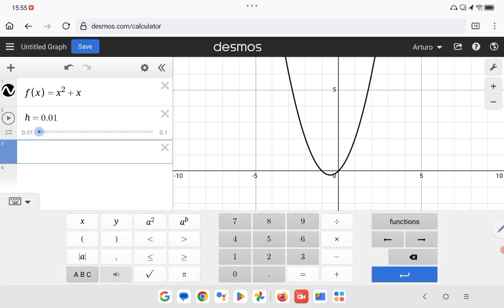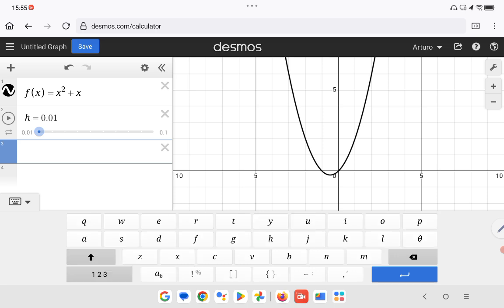Right. So we have created the delta x or h, which is going to be useful for defining the derivative. And then we define the derivative as follows.